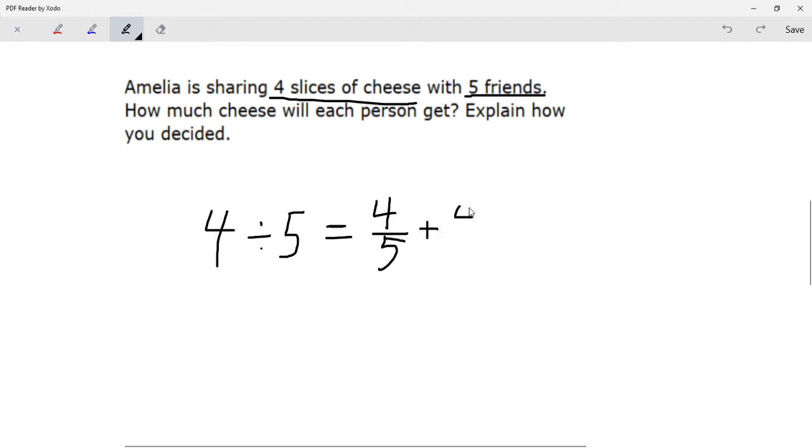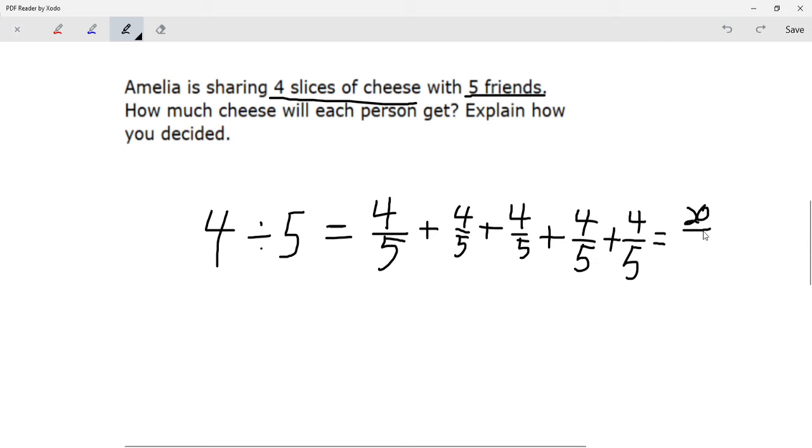And if I were to add 4/5 5 times, right? Because each of the 5 people gets 4/5 of the cheese, it would end up being 4 plus 4 plus 4 plus 4 plus 4, which equals 20/5, which is the same as 20 divided by 5, which equals 4.